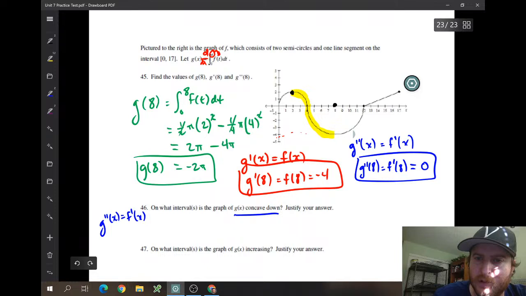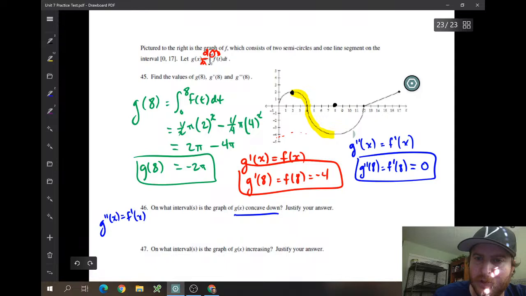So I will say G is concave down for 2 to 4, union 4 to 8, because G double prime of x equals f prime of x is less than 0 for that interval.